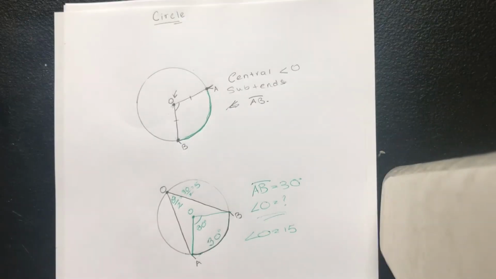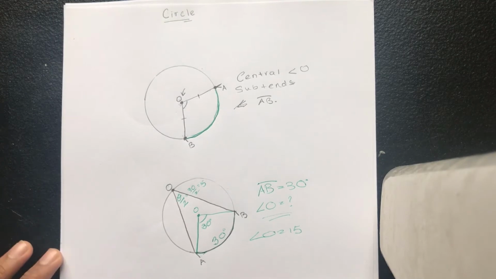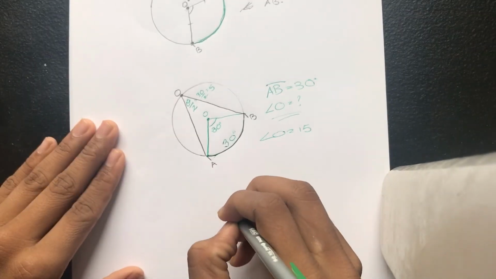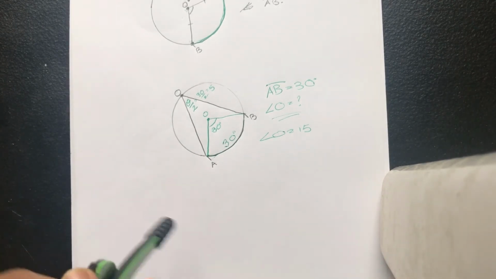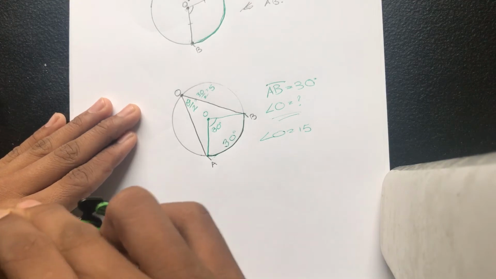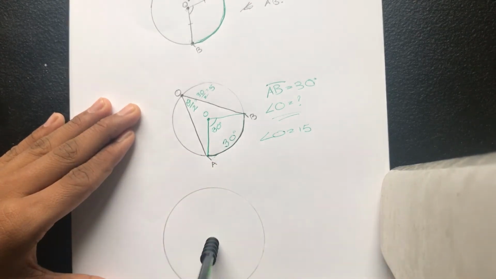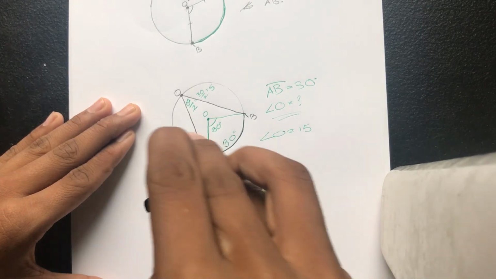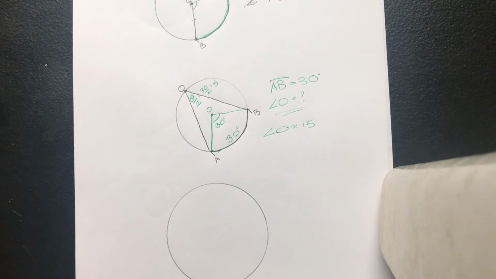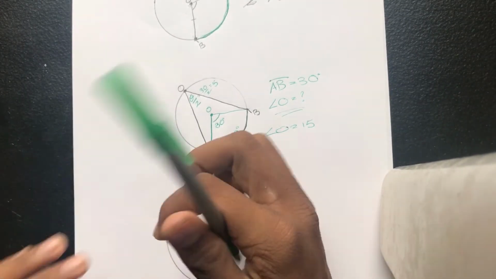So what's the moral of our story right over here? Well, at the end of the day, what do we end up with? So at the end of the day, what we end up with is an inscribed angle.